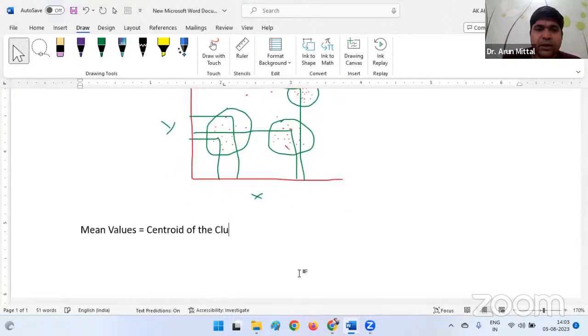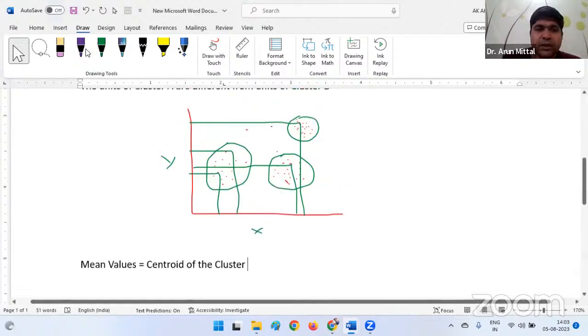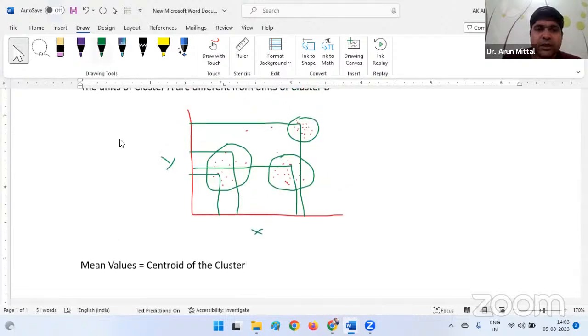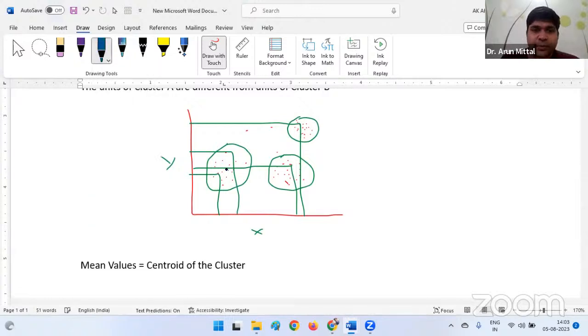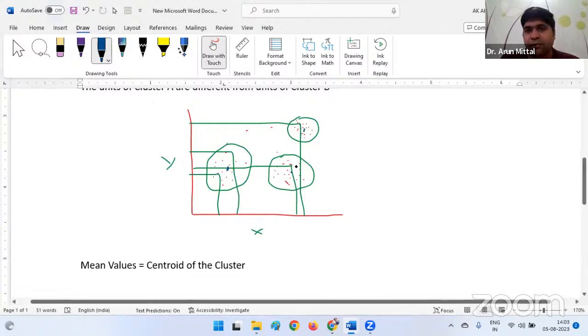Centroid means, if I ask what is the centroid of this cluster, I can pinpoint somewhere. Let me take a blue color. I can point that this is the centroid. This is the centroid. If a new unit comes, I will compare it with the centroids to see which centroid it is proximate to.